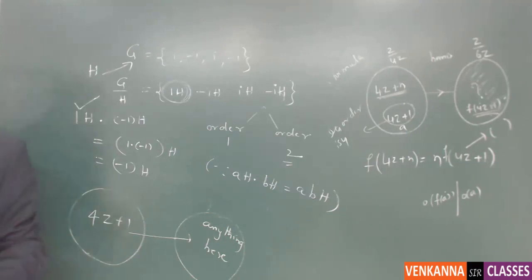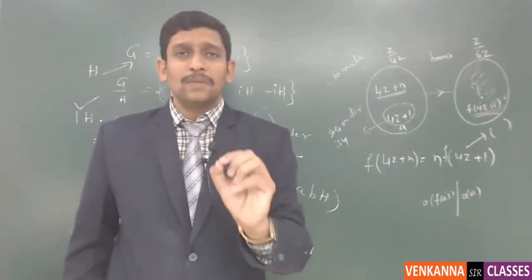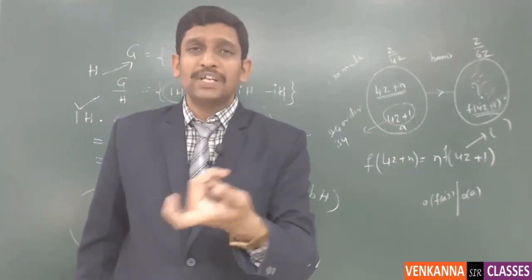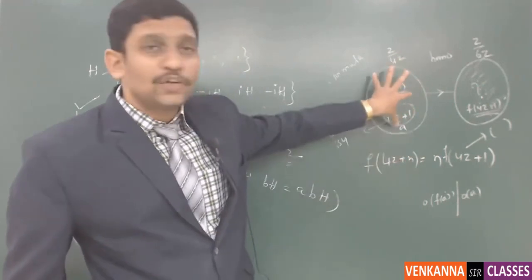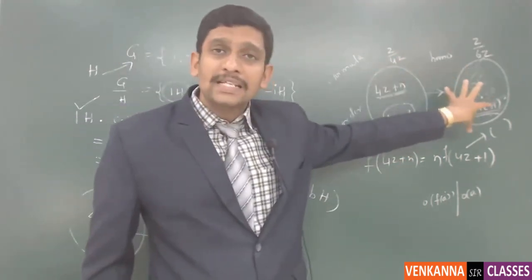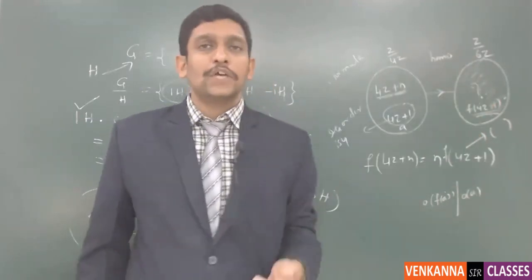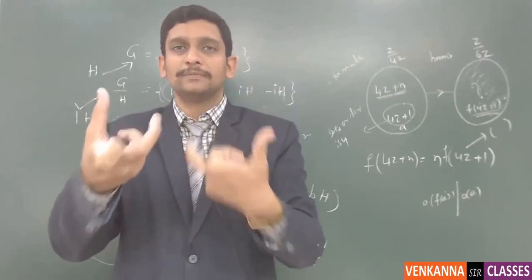Right. So on the left hand side, don't misunderstand that 4Z plus 1 is a value. It is a coset. So this is a group consisting of cosets. On the right hand side, you also have cosets. You are pairing one coset with the other coset. That is actually what you are doing.